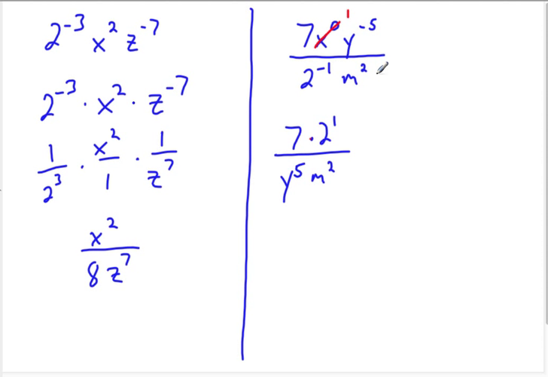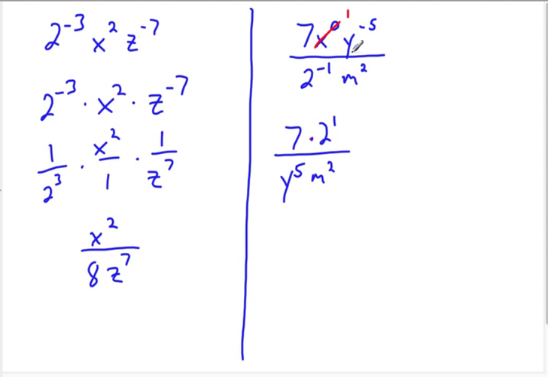So let's take a quick look at this before I continue. So the 7 stays where it is, there's no exponent. The 2, since it had a negative exponent, jumps up to the top, right? And in doing so, loses that negative portion of the exponent. Basically, by applying it, you're jumping it to the top, so you don't write it anymore. And this y had a negative exponent, so that jumps to the bottom.